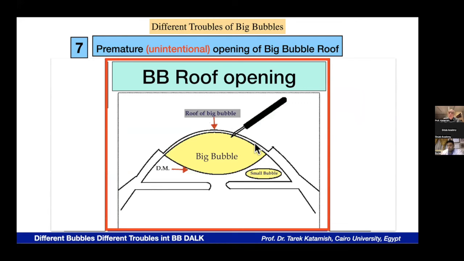We make stromal debulking first, and then we intentionally open the roof with a super blade. We call it the Brave slash. But sometimes the roof opens unintentionally. I am not intending to open the roof. It opens accidentally or prematurely, as you will see in these three examples.